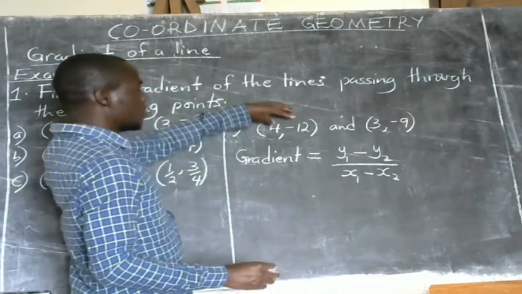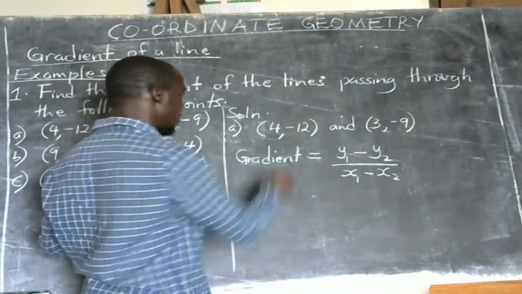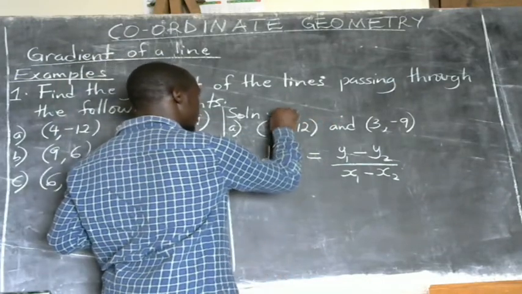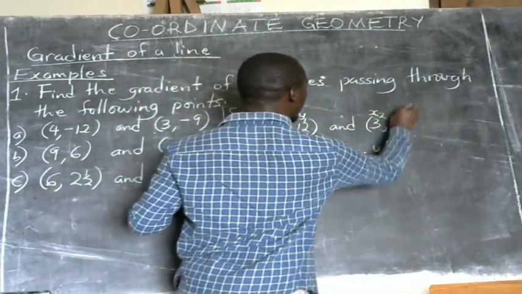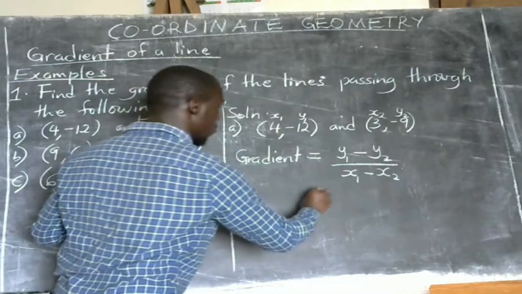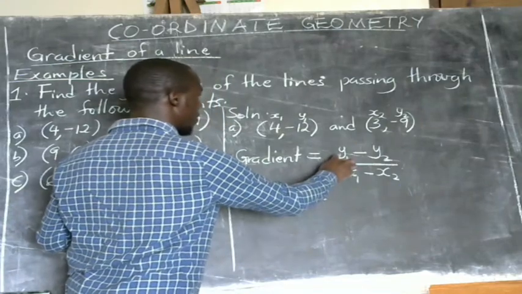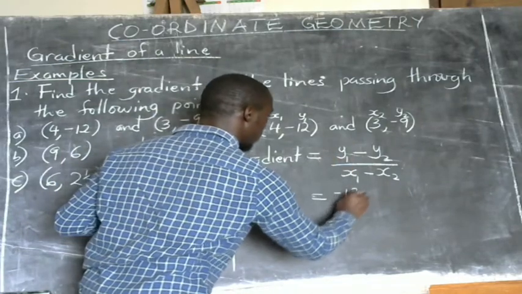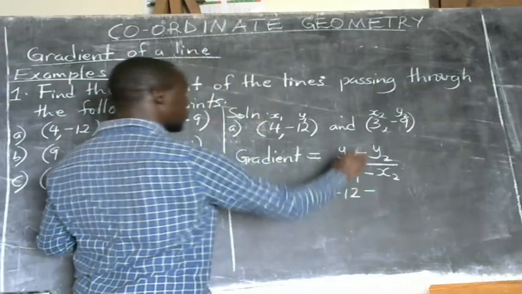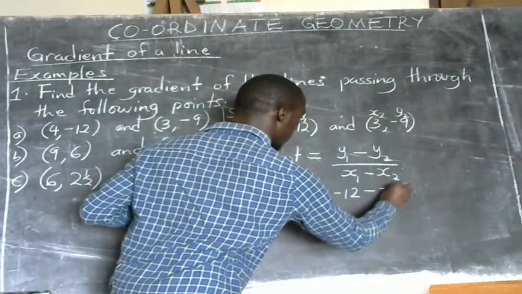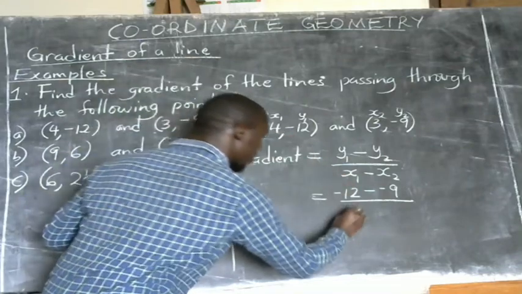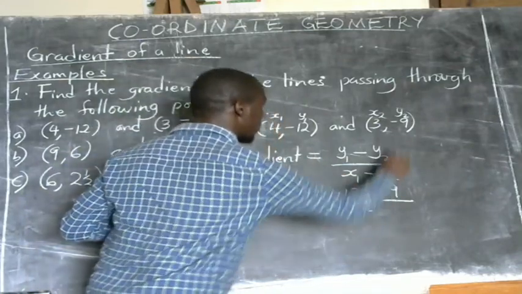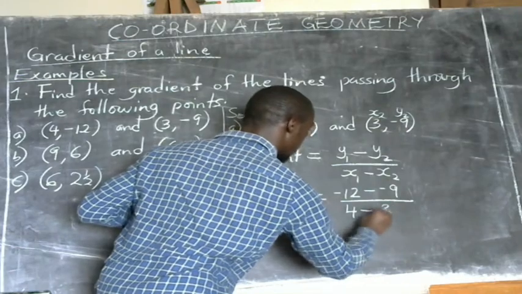Then I need to nickname my points: this is x1, y1, x2, y2. So when I substitute, y1 is negative 12 minus y2, which is minus 9, divided by x1, which is 4, then minus x2, which is 3.